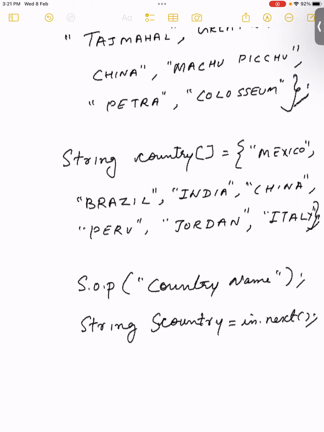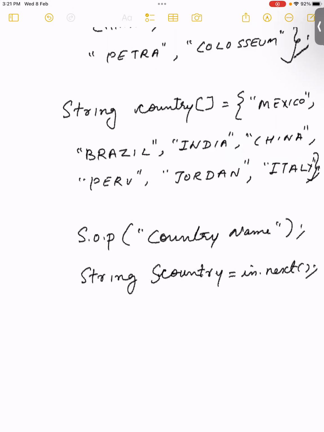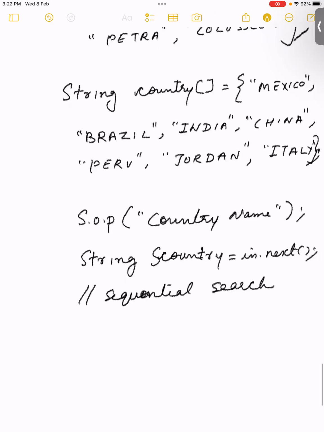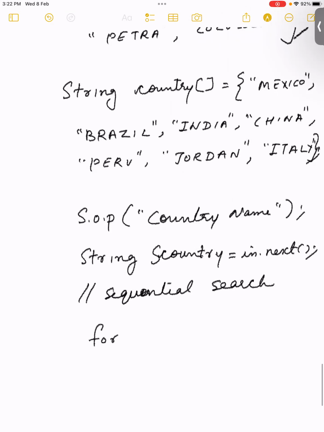Now comes our sequential search. So sequential or linear search starts now. What are you doing here? You have to start with a for loop. For int i equal to 0, i less than 7, i plus plus, because there are 7 wonders.